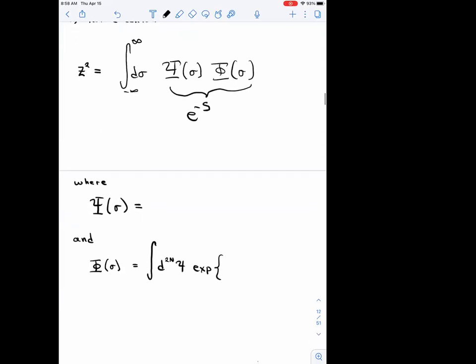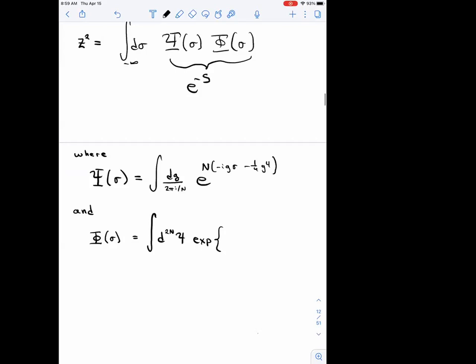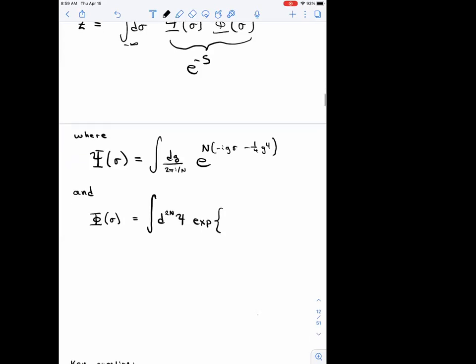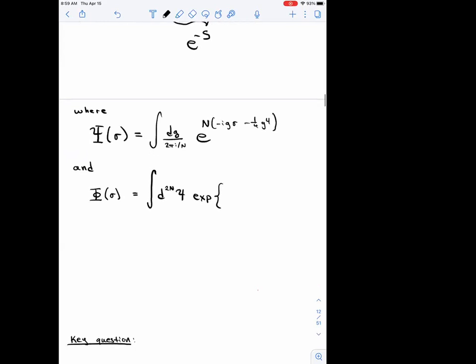Okay, so what are these quantities? So psi is the integral dg of e to the n times minus i g sigma minus 1/4 g to the fourth. This is some concrete function. It's sort of like a Gaussian, but it decays a little faster than a Gaussian in sigma. So it's a very concrete function, and that part is boring. The more interesting part is this part, phi of sigma. And this is going to take me a second to write this down.